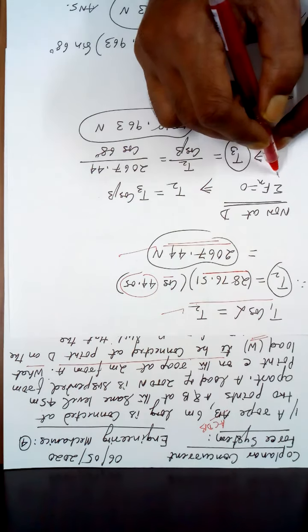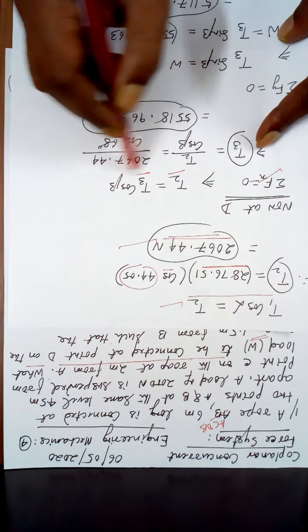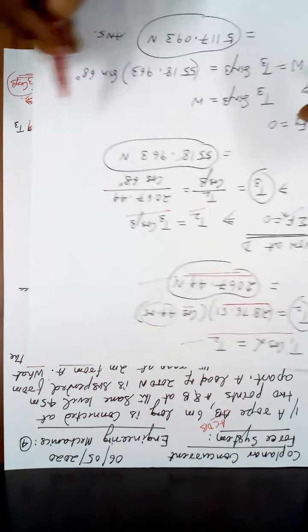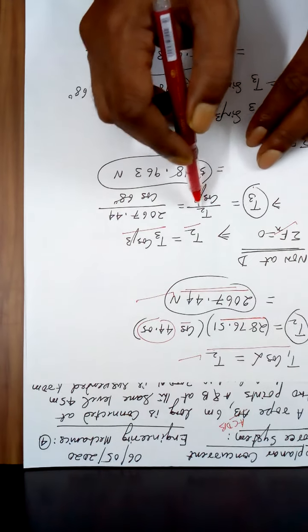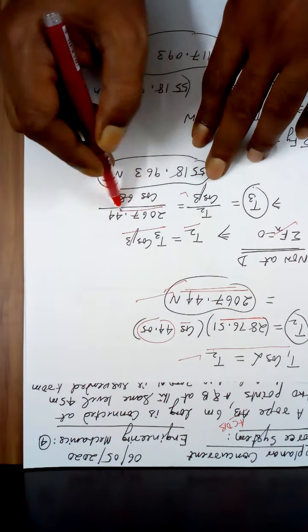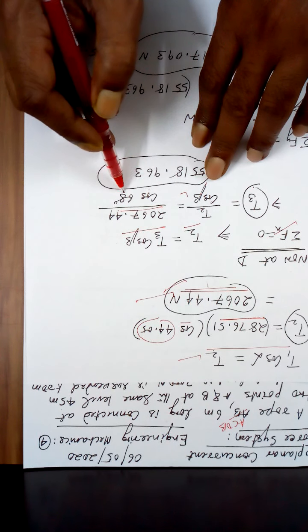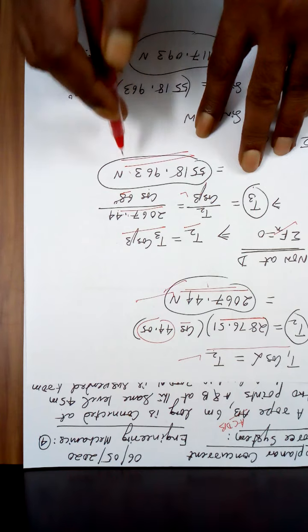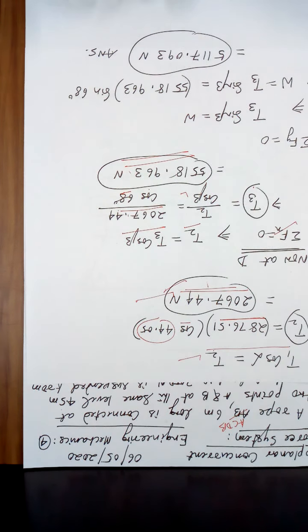So applying along x-axis, T2 is equal to T3 cos beta. So T3 is equal to T2 over cos beta. T2 we have found out, that is this, and cos of beta we have found out, 68 degree. Put it in a scientific calculator, comes out to be this. Then sigma Fy is equal to 0.